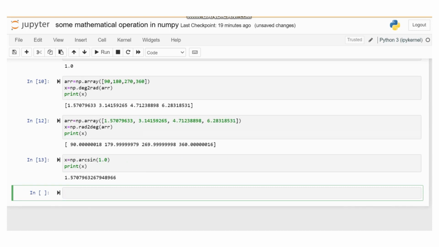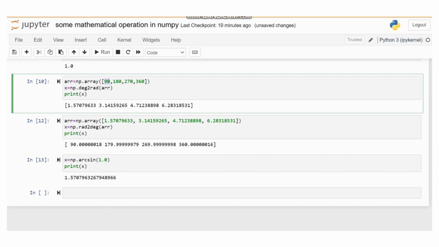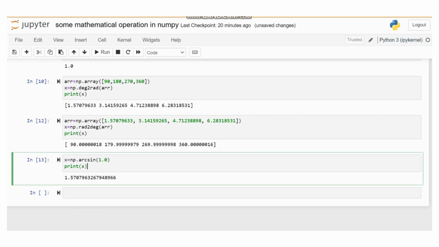It is in radians, which is 90 degrees. Convert this radian into degrees. You can also calculate tan, sin, cos, all the trigonometric functions, to calculate the angle of these.